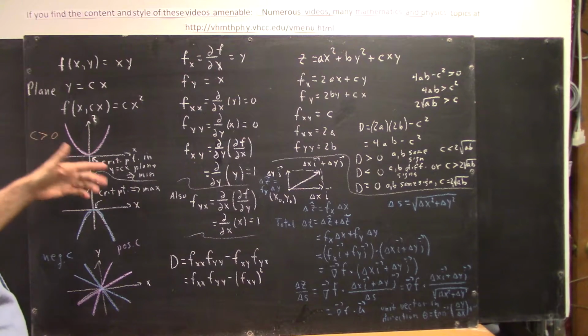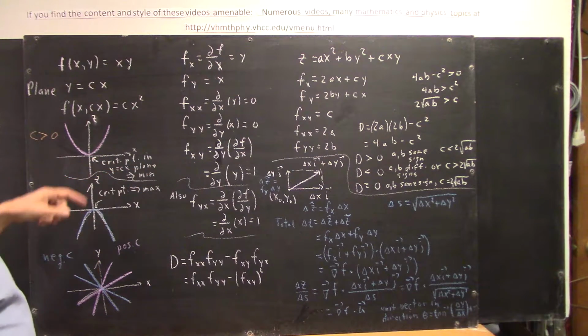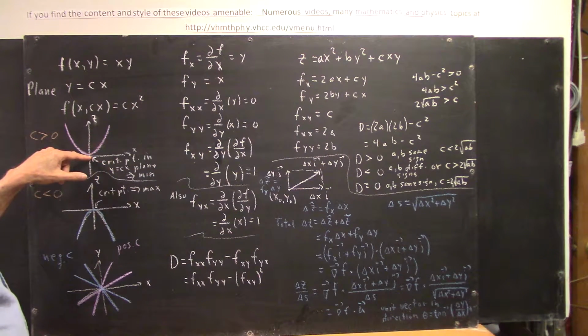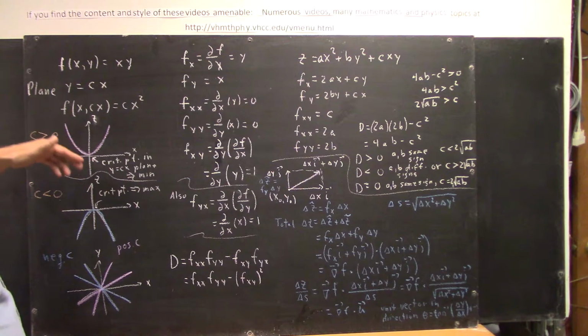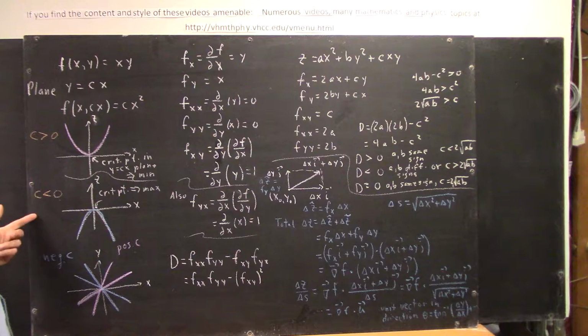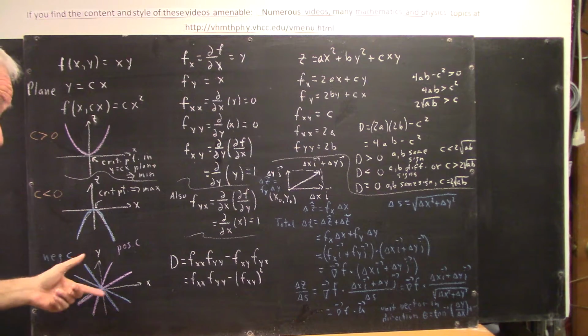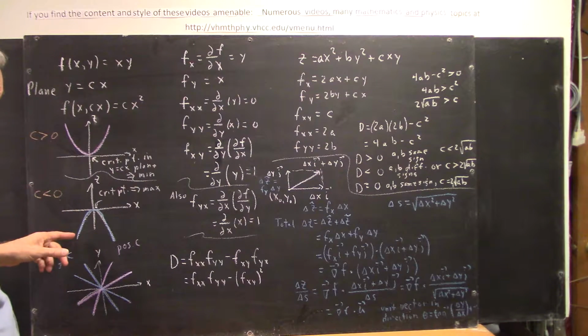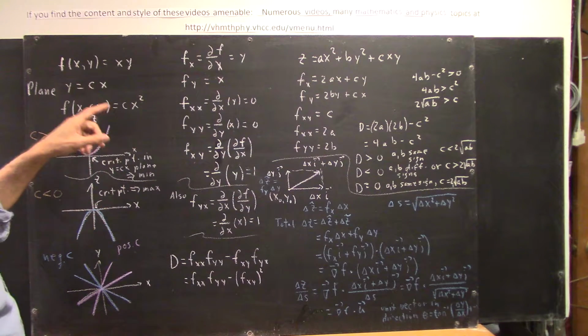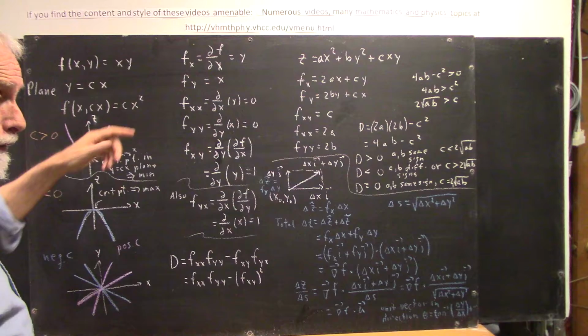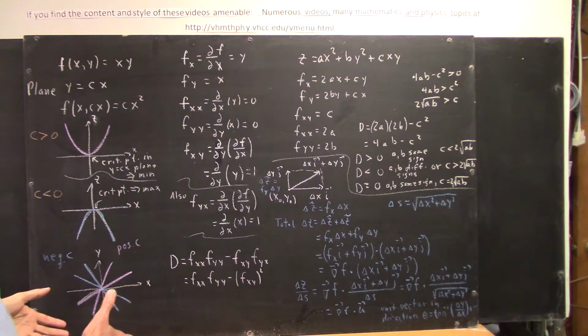in the y equals cx plane, and that critical point would lead us to the conclusion that the function has a minimum at this point. However, if c is less than 0, as it is over here on the blue lines, then z equals cx squared is going to be a parabola opening downward.